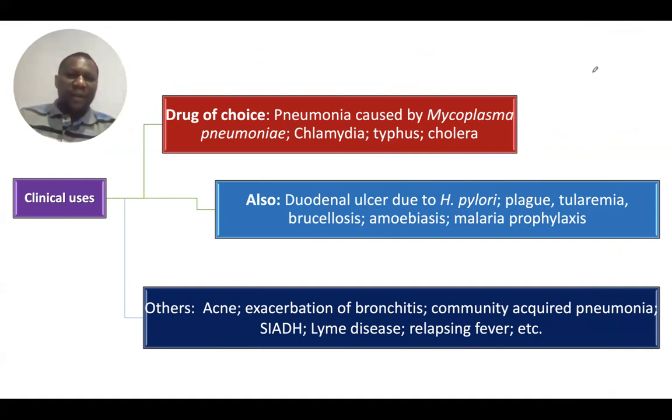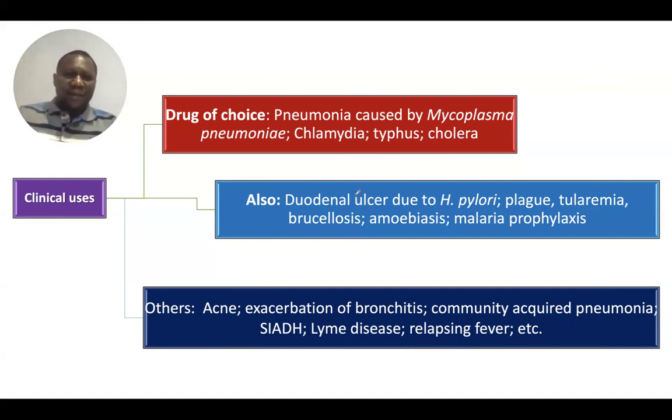But they remain a drug of choice for various conditions like pneumonia caused by Mycoplasma pneumoniae. Then they could also be used in chlamydia infection. They could be used for typhus. Remember, this typhus is not typhoid fever. Typhus is caused by a rickettsia organism, right? So this is typhus, and then they could also be used as drugs of choice in cholera.